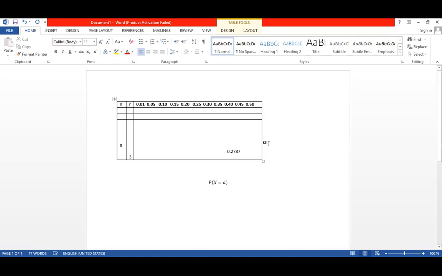The next part was what? More than 4 will be yellow. At least one will be red. Oh, at least one. Now, at least one, what did you say? 1 minus the probability of x less than 1.